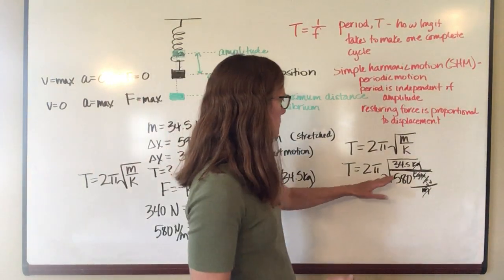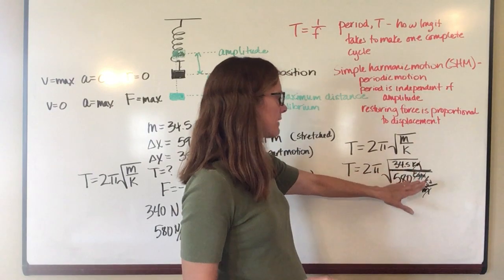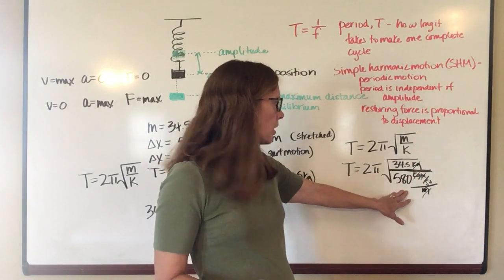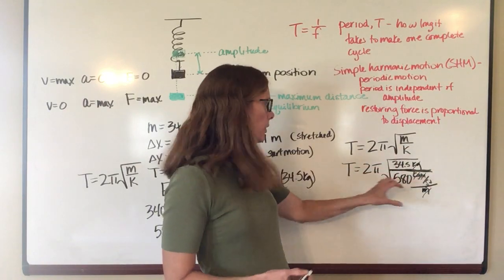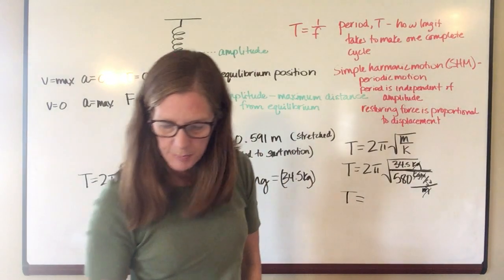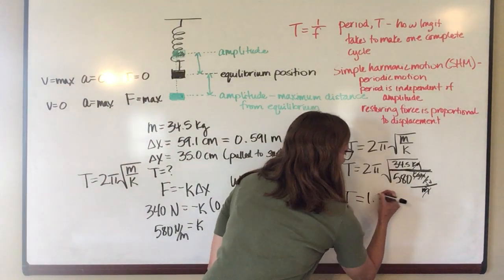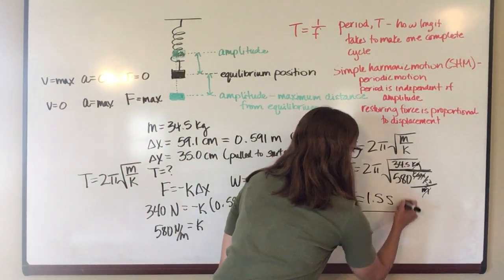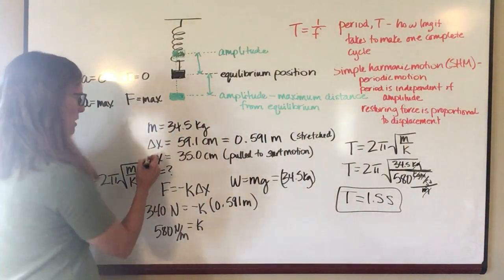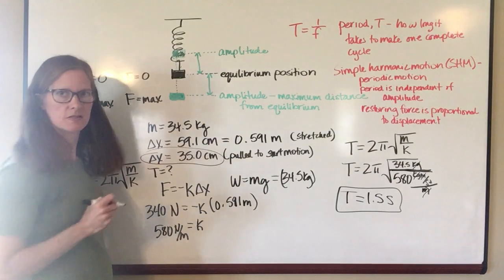So when you take 34.5, divide it by 580, then when you get that division result, you need to take the square root of it, multiply it times 2 and times pi, and you should get a period of 1.5 seconds. Now, I want you to notice, I didn't use this.